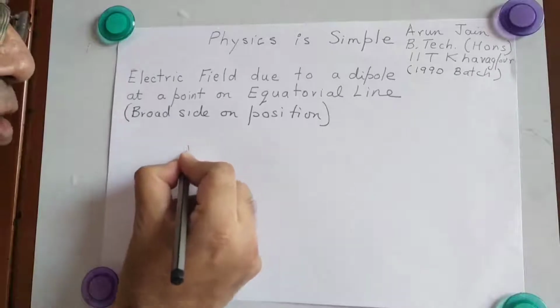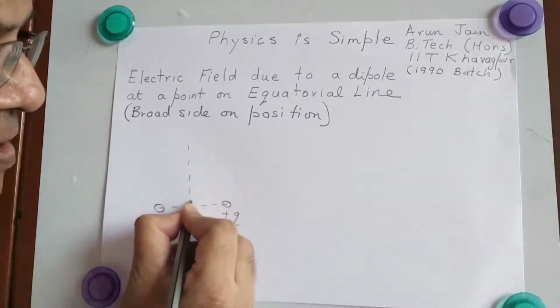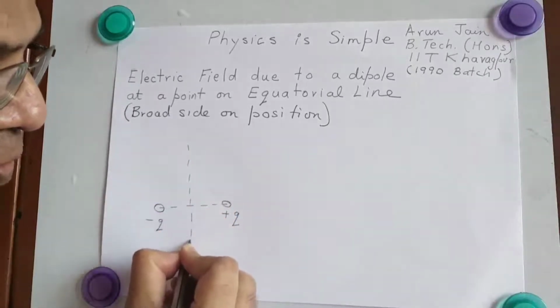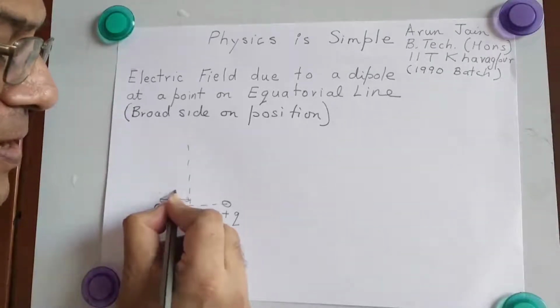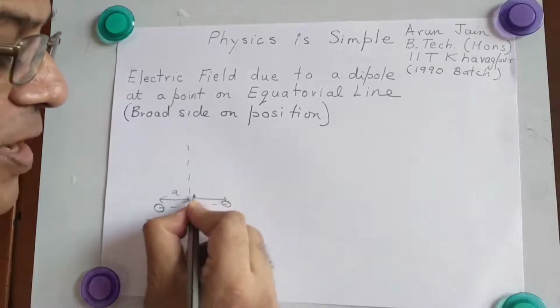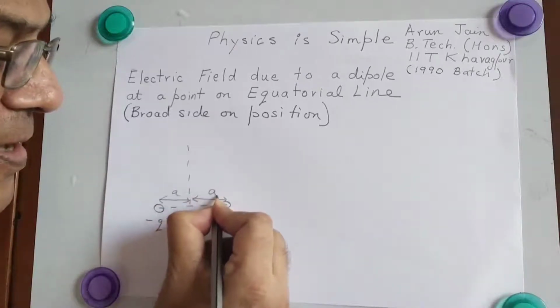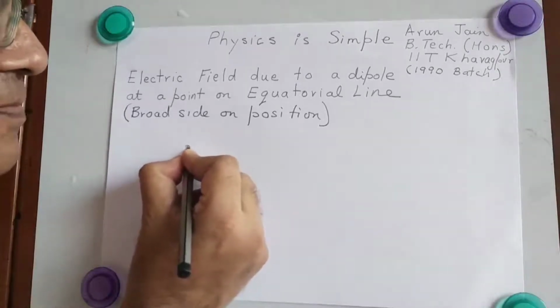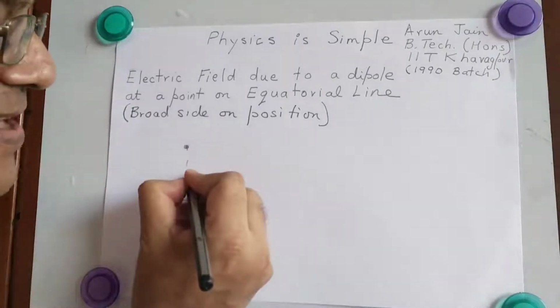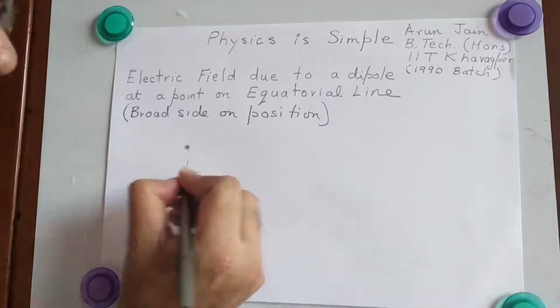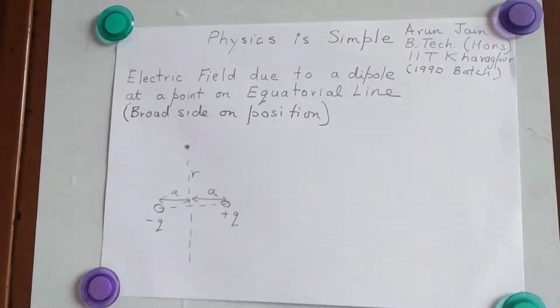So this is the equatorial line passing through the midpoint of the dipole. This distance is a, and this distance is also a. The point P, where we want to find the electric field, is at a distance r from the center of the dipole.